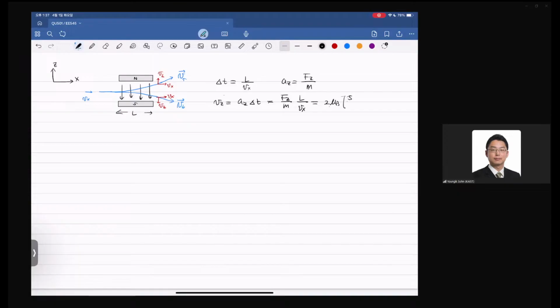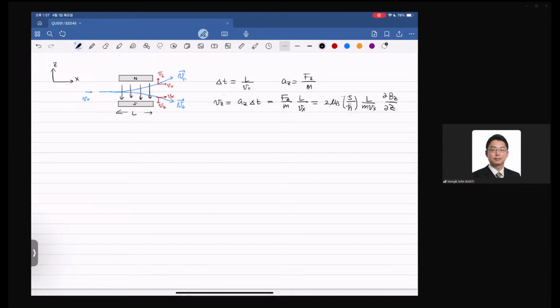S over h bar. That's a spin magnetic dipole moment. L over m Vx. So this equation is basically showing the Stern-Gerlach experiment result, Vz.